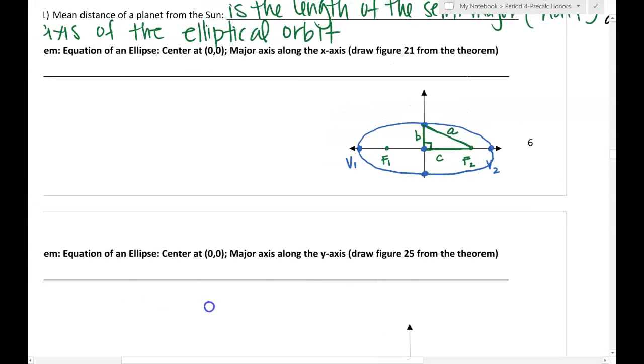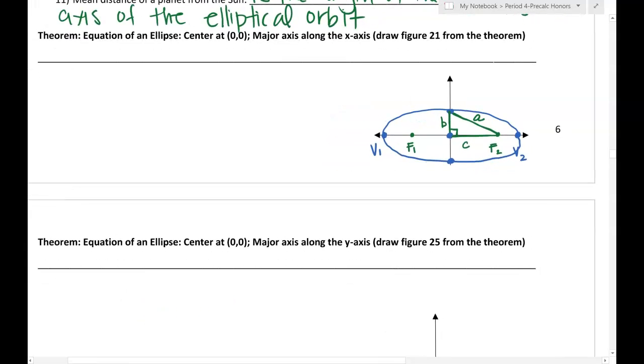So let's fill out a few things. We will have the foci at plus or minus C distance from the center, and the y is still at 0. The vertices are going to be plus or minus A distance from the center, and the y is still 0.